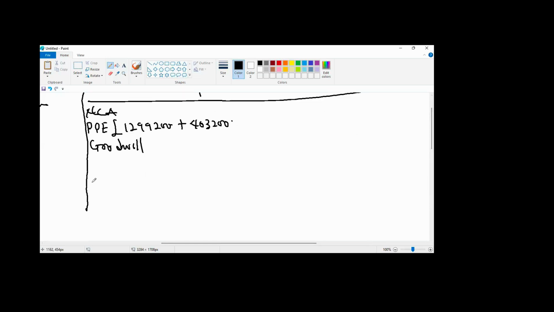We'll go to the current assets. Plus 200, total assets. Equity and liabilities.